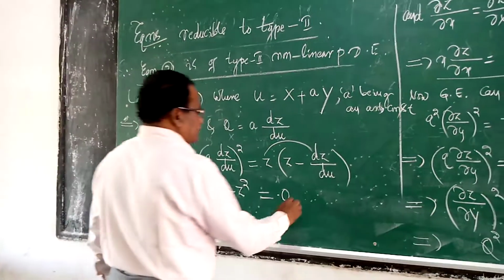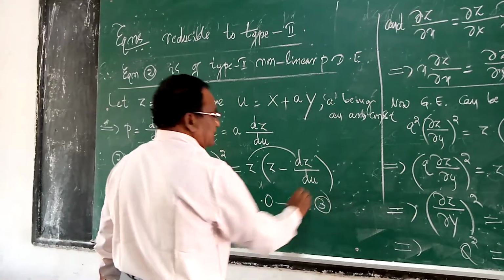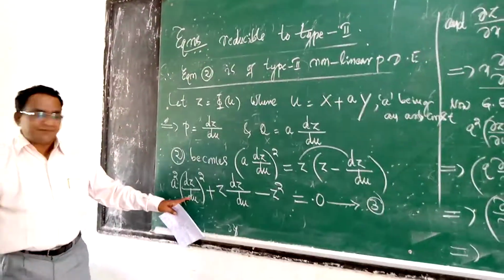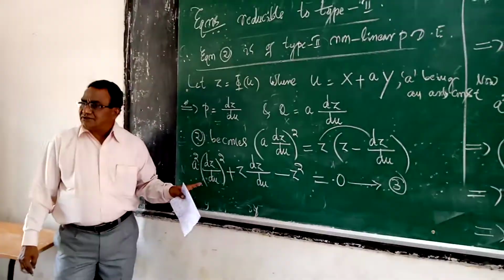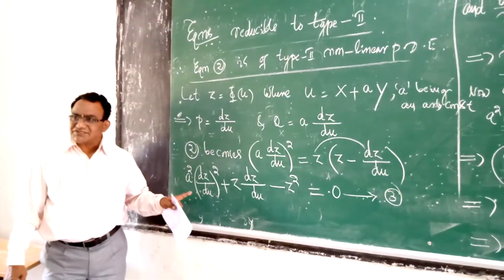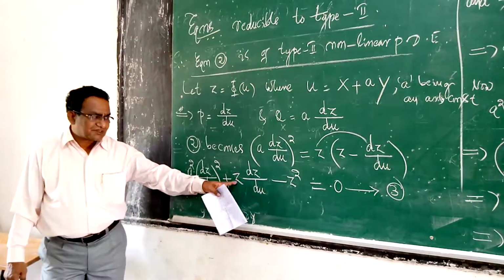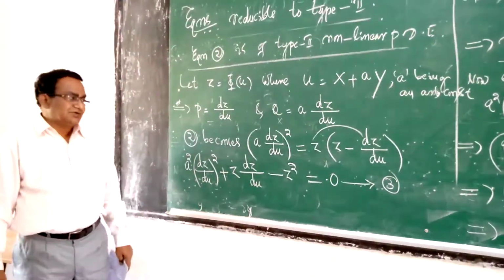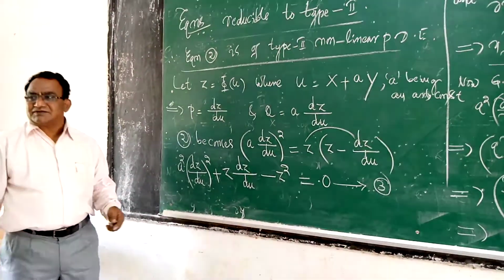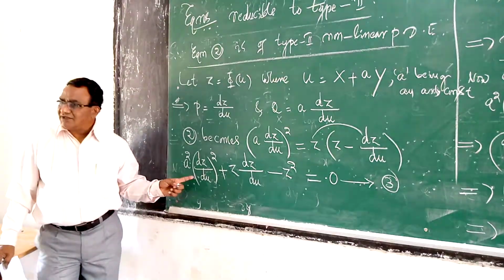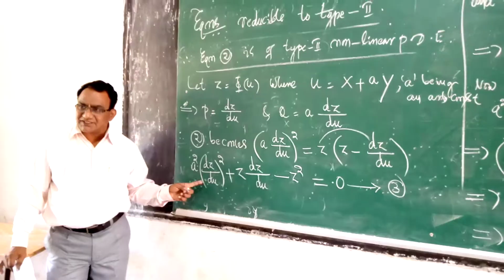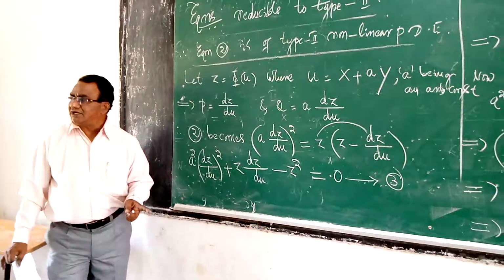and call this equation as equation number 3 and observe what kind of equation it is. Yes, tell me what kind of equation it is. A squared into dz by du whole square plus z into dz by du minus z squared. This is a linear equation or quadratic equation in dz by du?